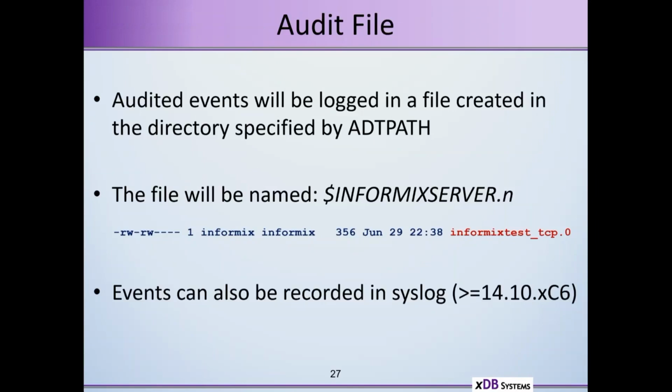And if that file grows beyond the maximum size that we specified in ADT size, then it will create .1 or .2. It's a sequential number. They'll just keep increasing when that file fills. But if you also restart Informix, then it will automatically switch to a new file.